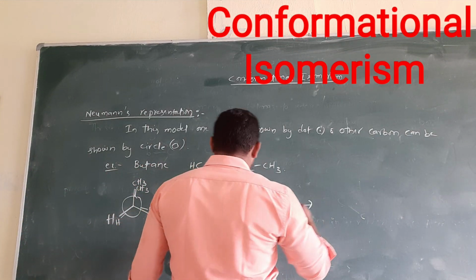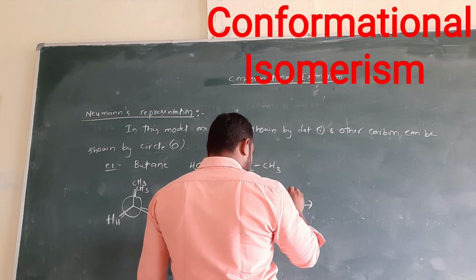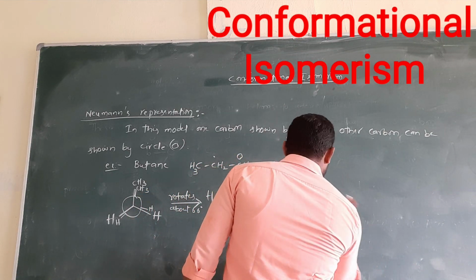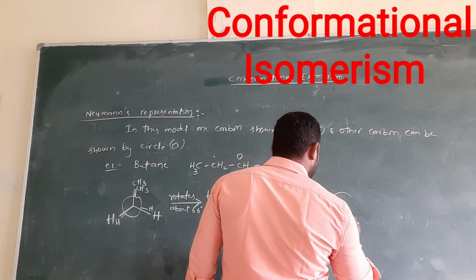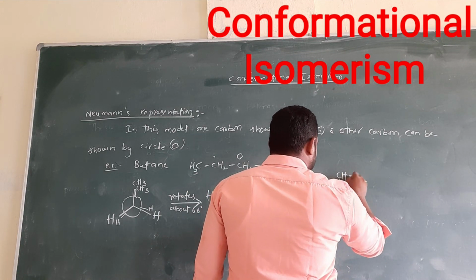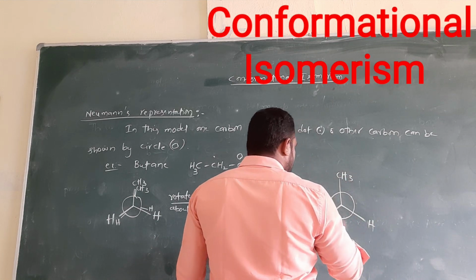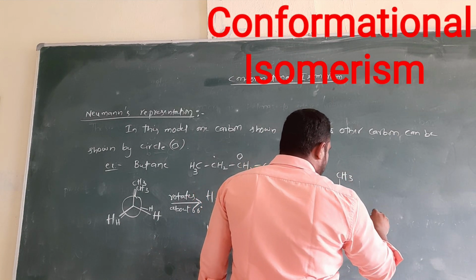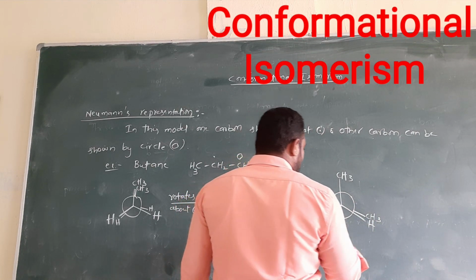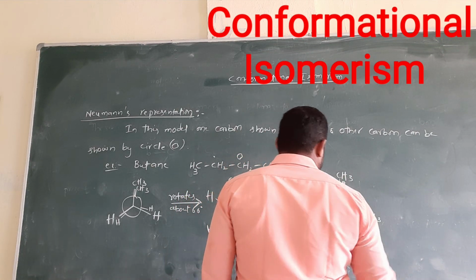Again rotation about 60 degrees. Again rotation about 60 degrees. So the methyl group comes to here. So the dot carbon and its groups are in fixed positions: methyl, hydrogen, whereas on the circle carbon the methyl group comes to the hydrogen, again here hydrogen.